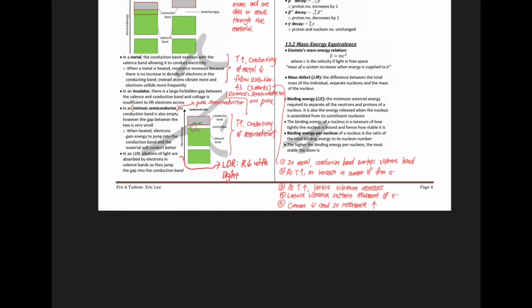Okay, so this is the basic concept of LDR. Resistance decreases with light. Okay, so basically, if you understand the idea here, I think it should be easier for us now. The LDR, which is a semiconductor, absorbs light, then the electrons jump to the conduction band, and then electrons can flow, and hence the resistance drops.